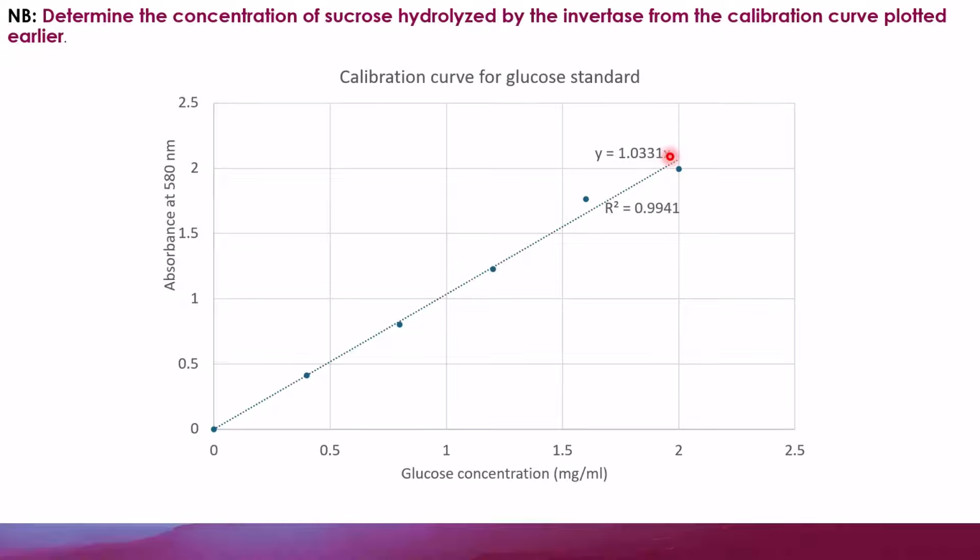So to extrapolate our glucose concentrations from the hydrolyzed sucrose, we just make s the subject and substitute the absorbance value for each of the test tubes as y and find s.